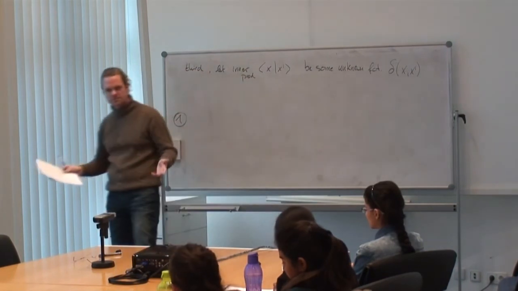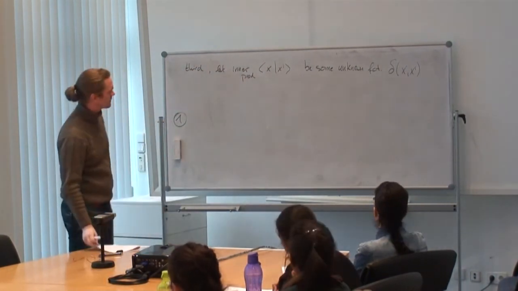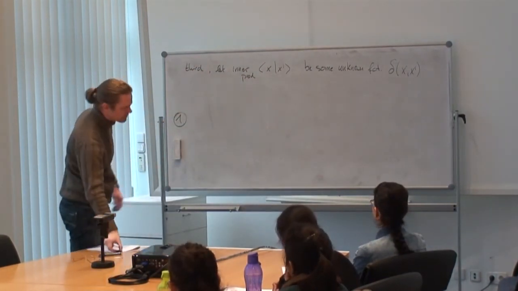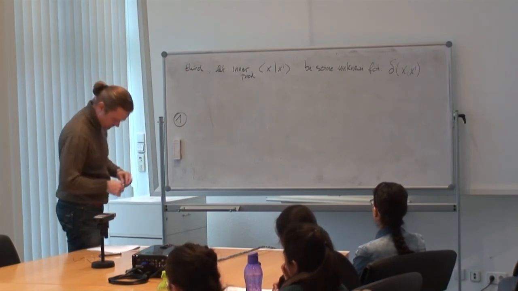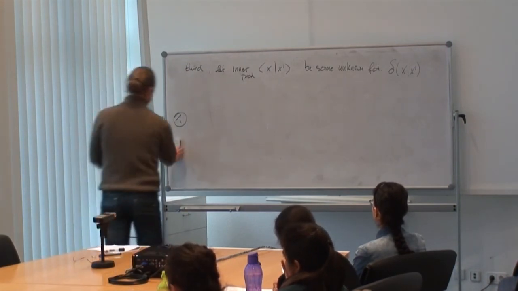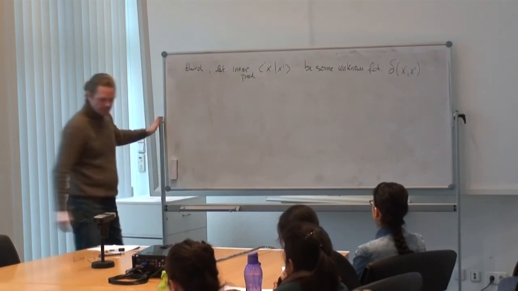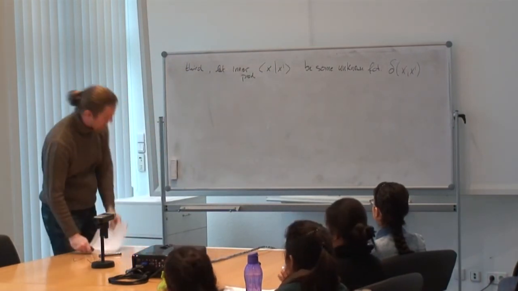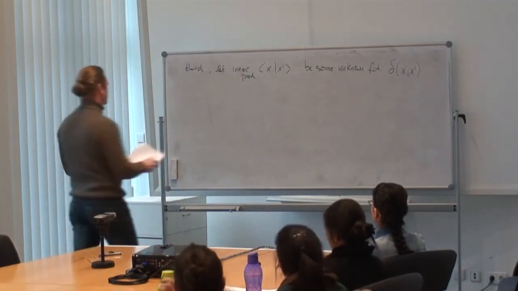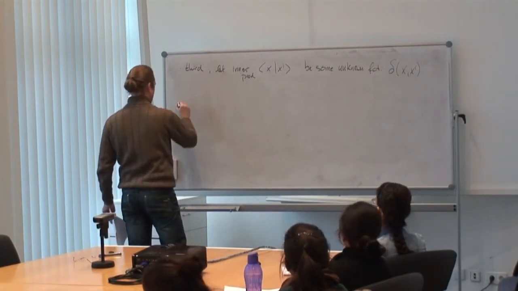Of course, there's a reason why I'm doing this, but right now I'm just choosing some name. Delta x x prime. One thing we know about this delta x x prime is the following. Something we have already discussed.